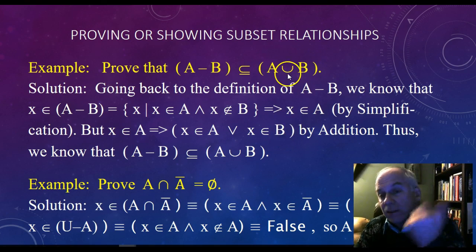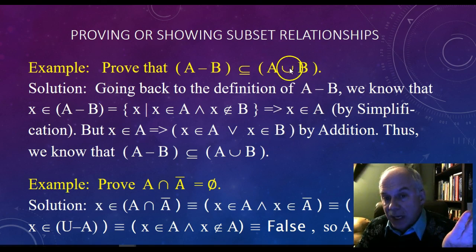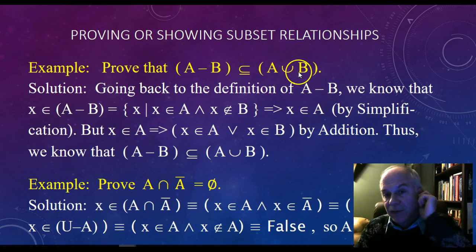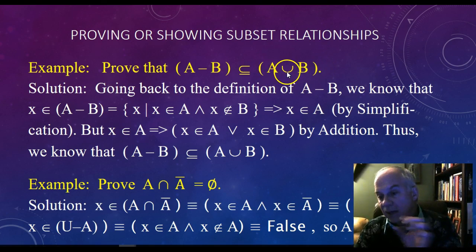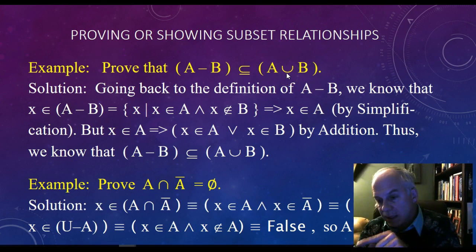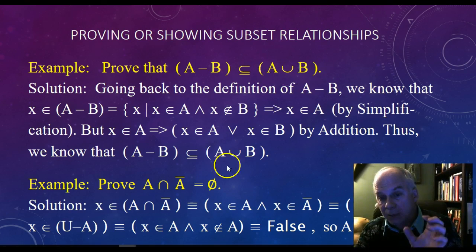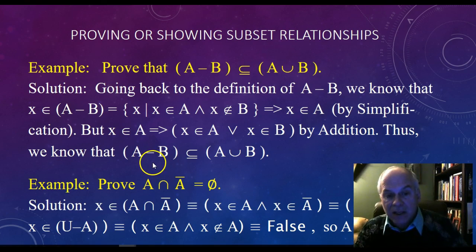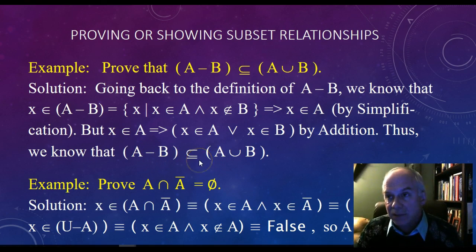Well, that's basically the union that we're trying to prove over here. A union B is really the set of all x such that x is an element of A or it's an element of B. Thus, A minus B is a subset of A union B.